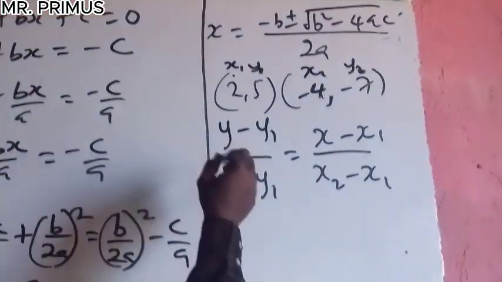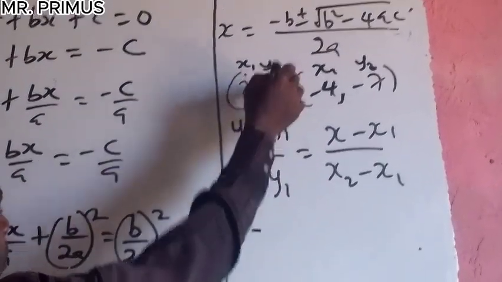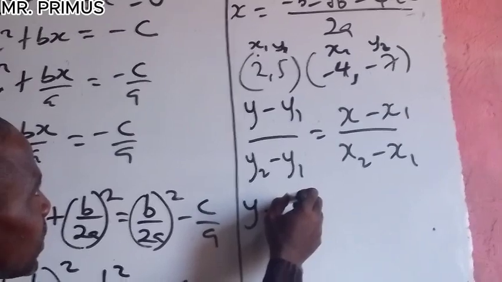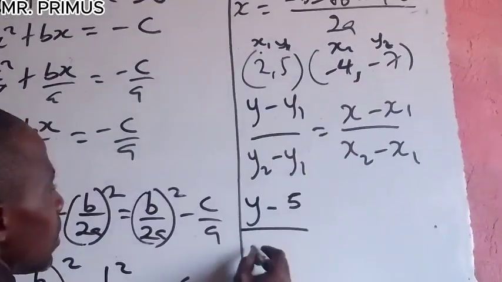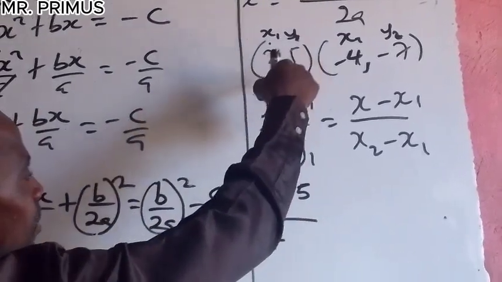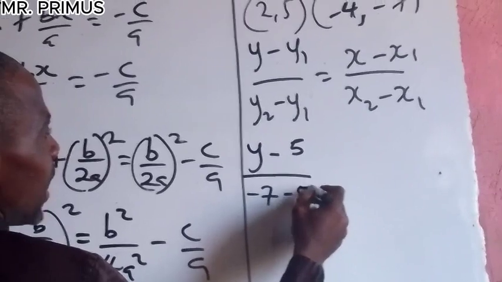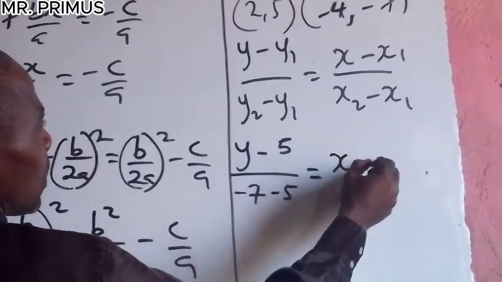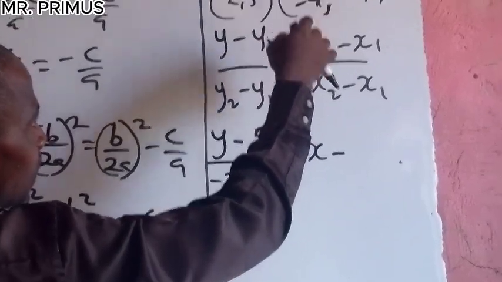Alright, so what is the y? Y minus what is y1? Y1 is 5, over y2, which is minus 7, then minus y1, that is minus 5, is equal to x minus what is our x1?